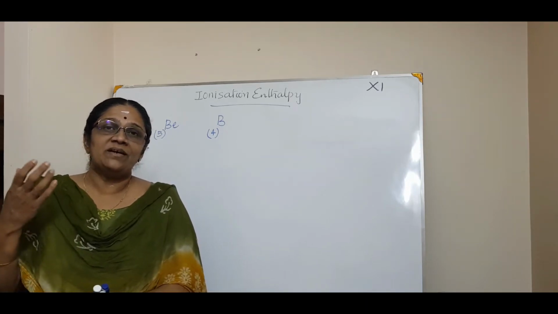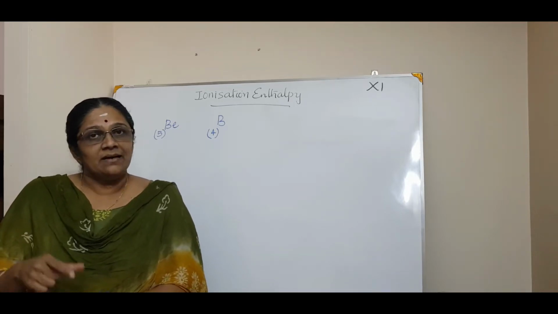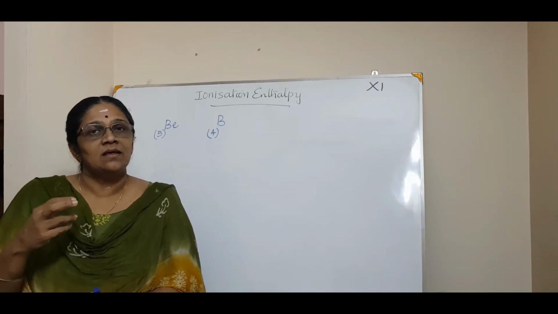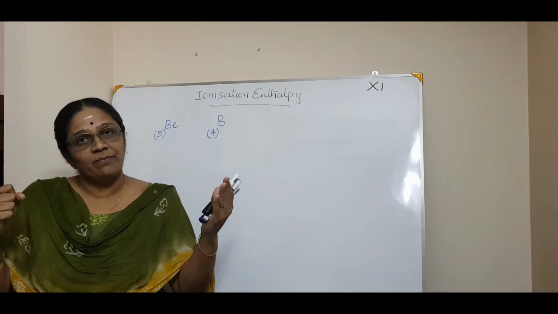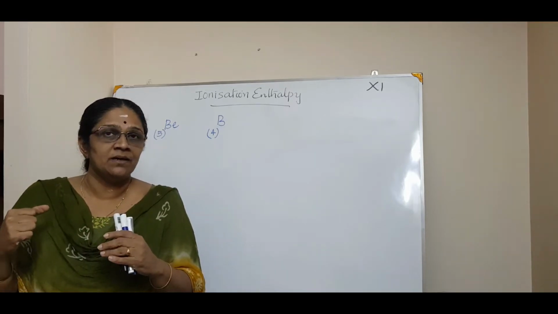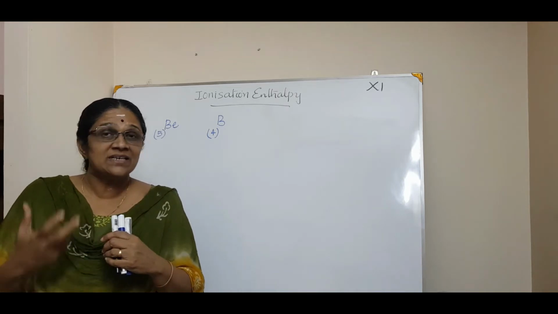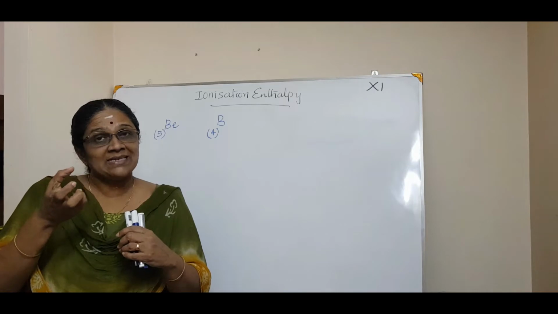Now, while we were discussing the ionization enthalpy, we were telling that you have to take two things into consideration, isn't it? One is the effective nuclear charge, and you know from going from left to right in a periodic table, the effective nuclear charge increases. And now what is the reason for that? Why? Because the size of the atom decreases.